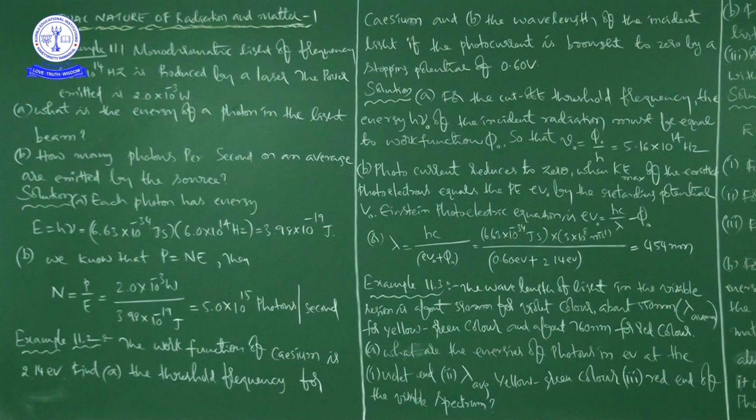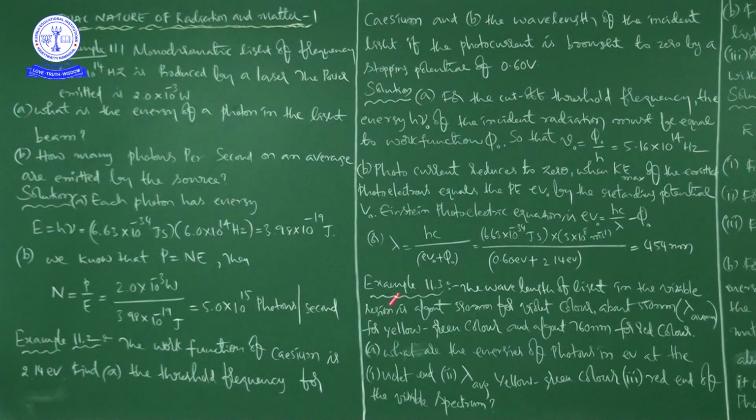So nu naught is equal to phi naught by h. Substituting the values, this value in joules and this constant value in joule second, we will get 5.16 into 10 to the power of 14 hertz.